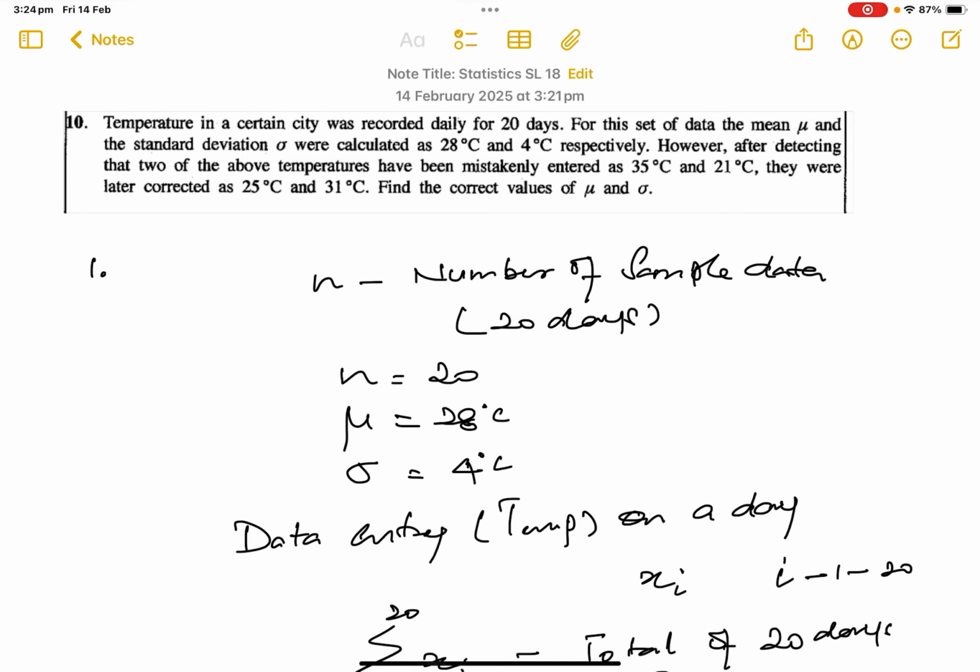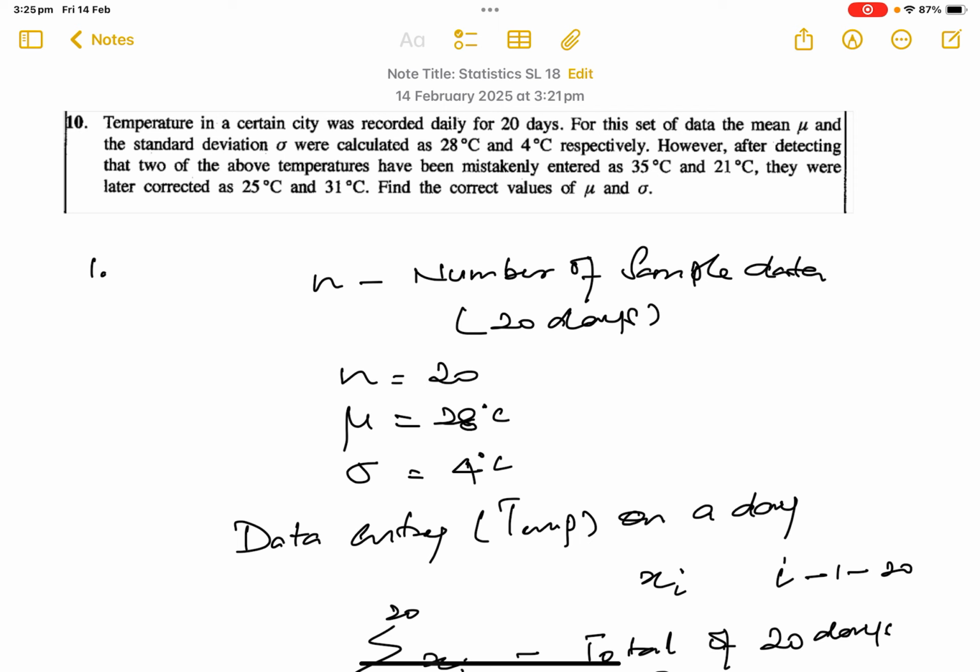Another past question on statistics. Temperature in a certain city was recorded daily for 20 days. For this set of data, the mean mu and the standard deviation sigma were calculated as 28 degrees C and 4 degrees C respectively.